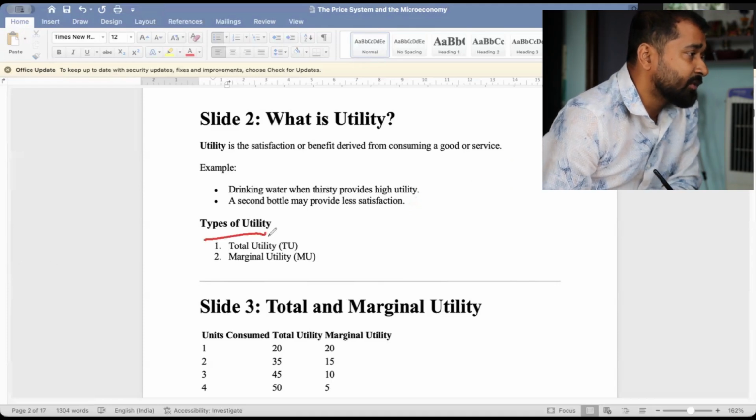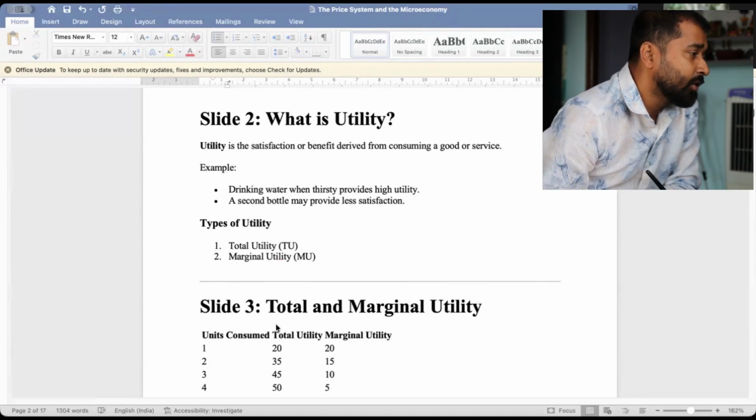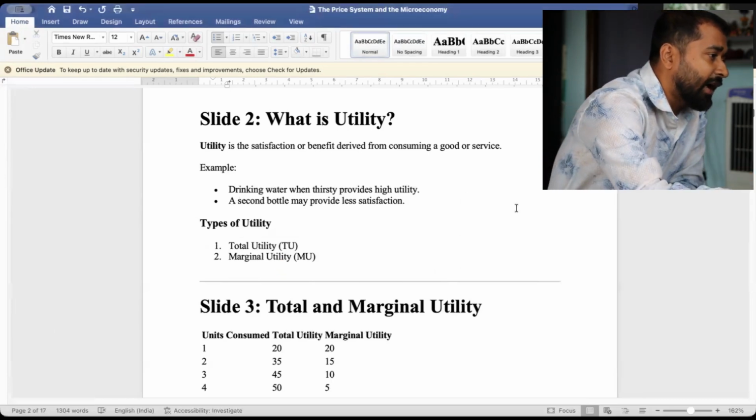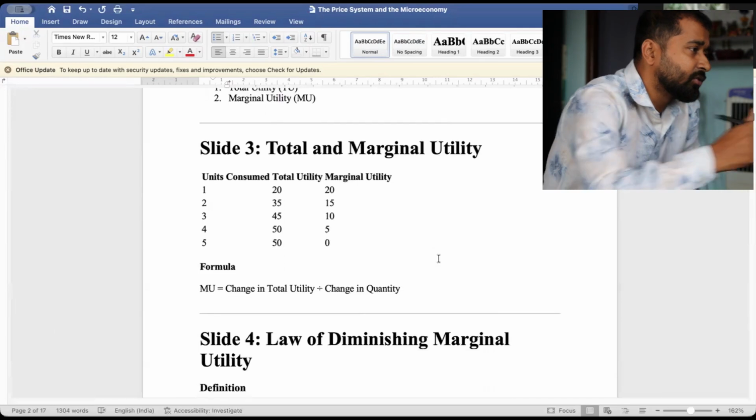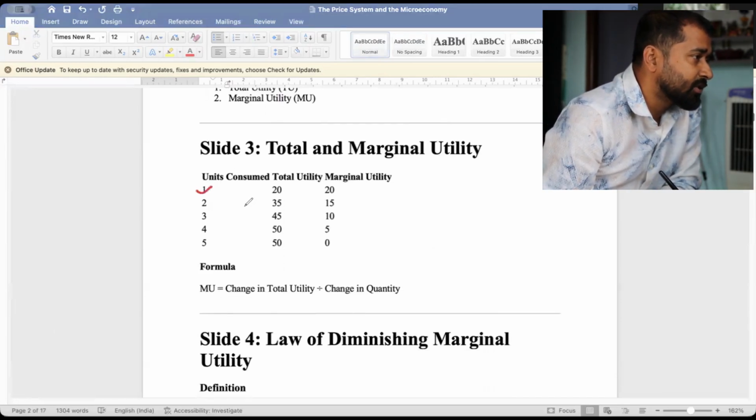Next, we are going to see the types of utility: total utility and marginal utility. I told you that when you purchase the same product again and again, your utility goes down. Here, as per this table, the first unit you purchase gives a marginal utility of 20, and for the second unit your utility goes down by 5, so 15, then 10, 5, 0.